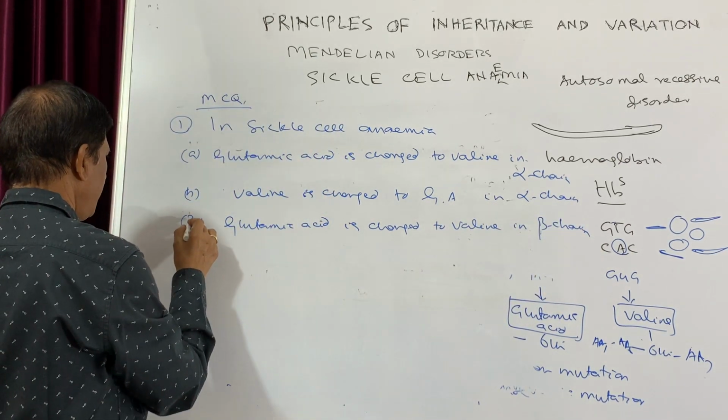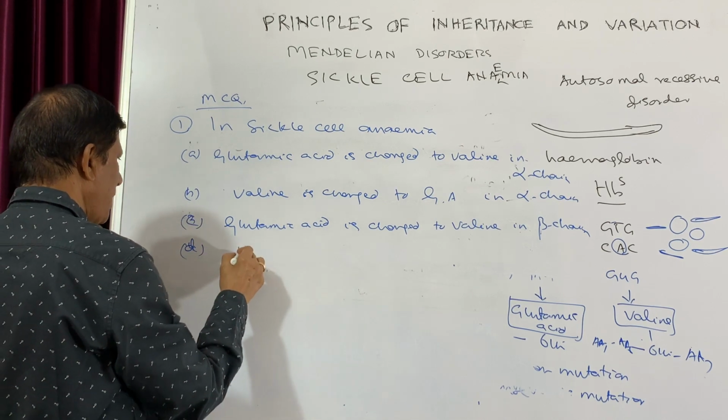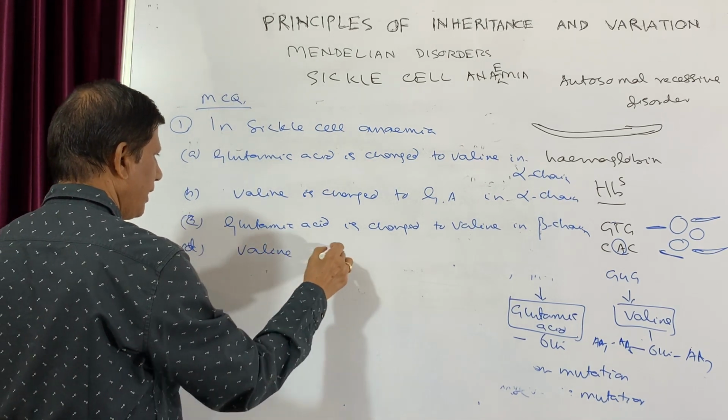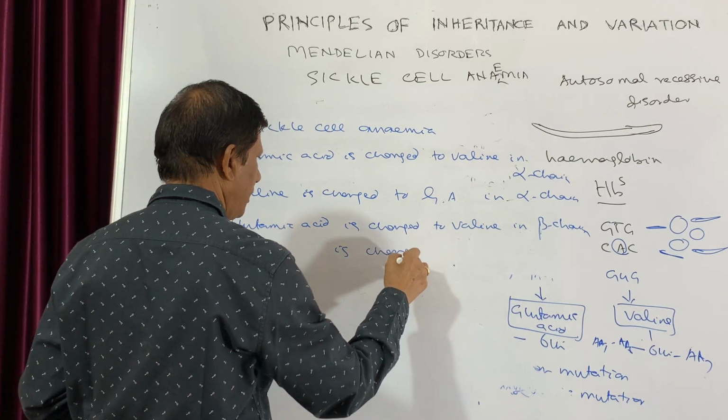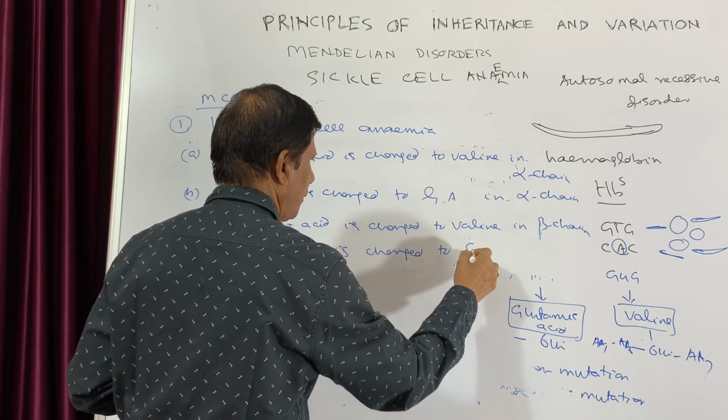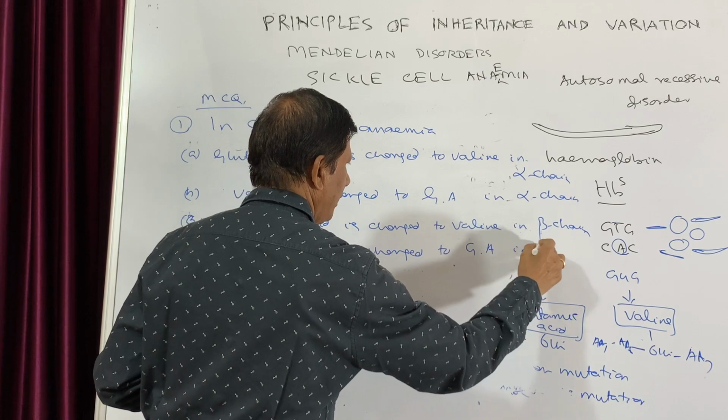Fourth choice, valine is changed to glutamic acid in beta chain.